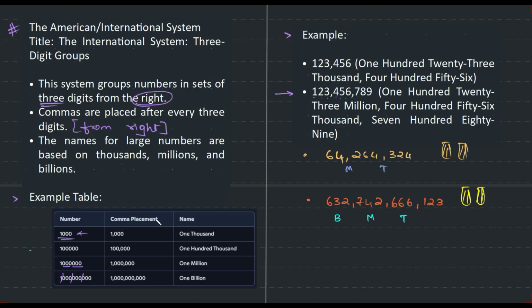With the international system, we group in threes. After the first comma, the first group is thousand, the second group is million, and the third group is billion. BMT. You have to remember BMT. That's the shortcut.